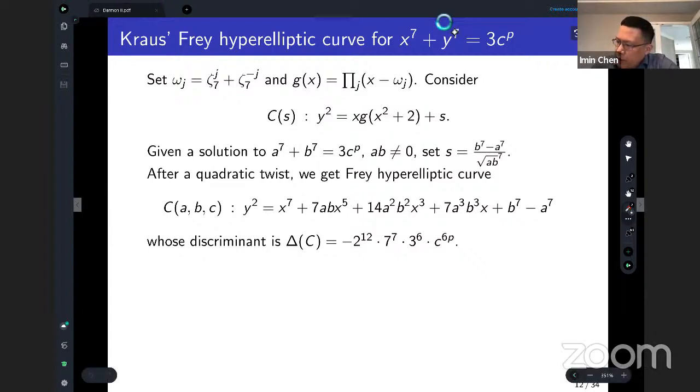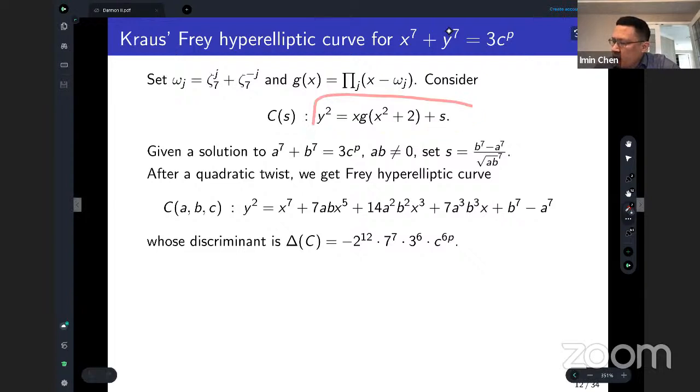We set omega_j to be a primitive seventh root of unity plus its inverse, and we form g(x) to be the polynomial with roots omega_j. And the hyperelliptic curve is given explicitly by this equation.